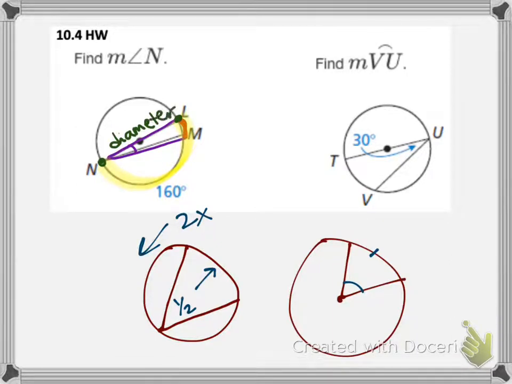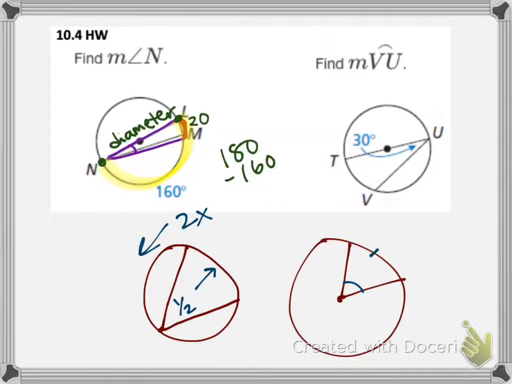And you already have 160 of it. So that means this piece is 20, and I know the angle is half of its arc. So half of 20 is 10. So the measure of angle N is 10 degrees.